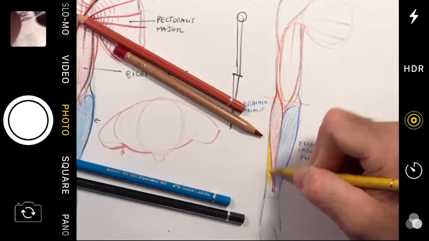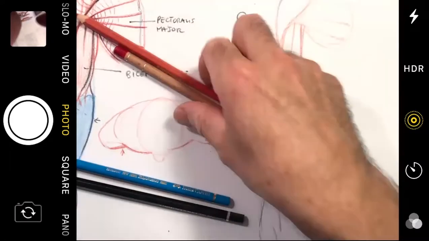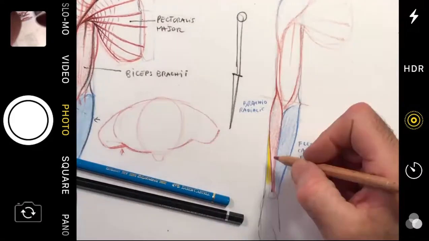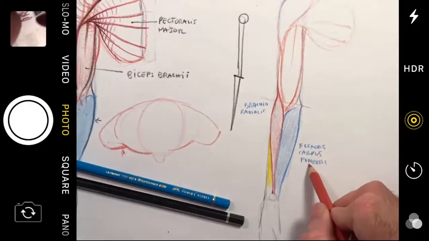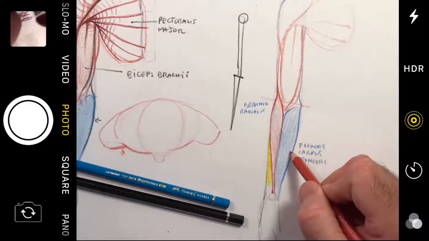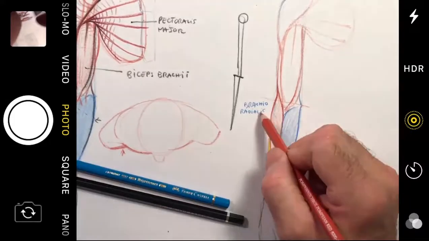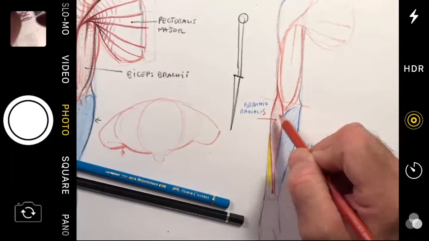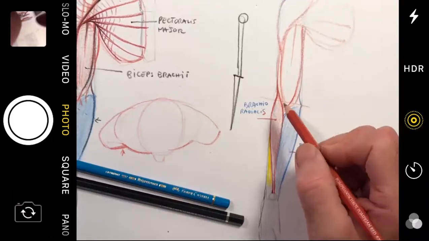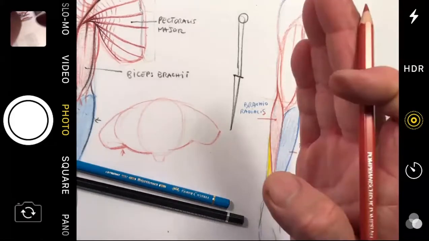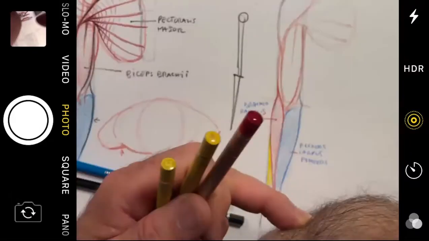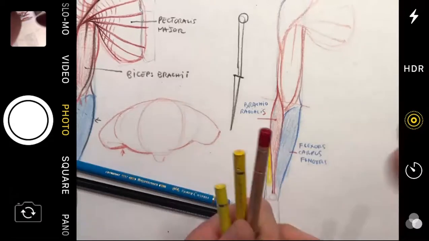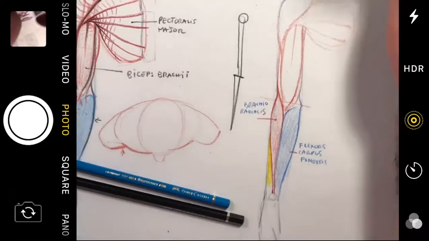So let me go over them again, right? I have flexor of hands and fingers here. The brachioradialis is a flexor of the forearm. And basically, on the side of the pig, I have the bone dividing the flexor from the extensor.